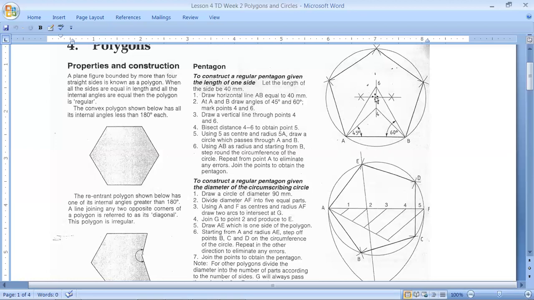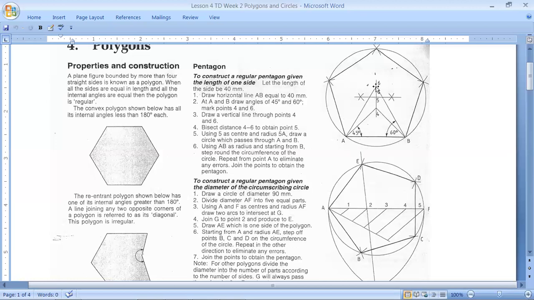If you set the compass in 5 to A, you're going to be able to draw a circumference, and then with measurement AB, we are able to cut 5 times, 1, 2, 3, 4, 5. If we place the compass in 6, from 6 to A, we're going to draw a circumference, and we're going to be able to cut 6 times.